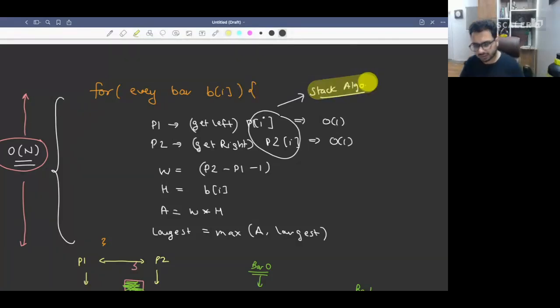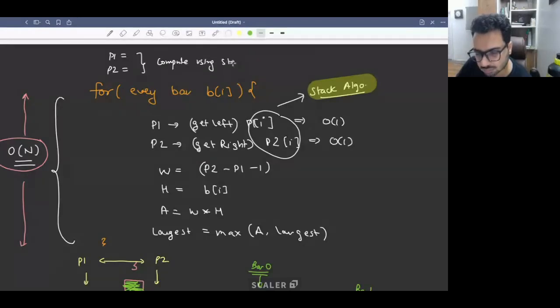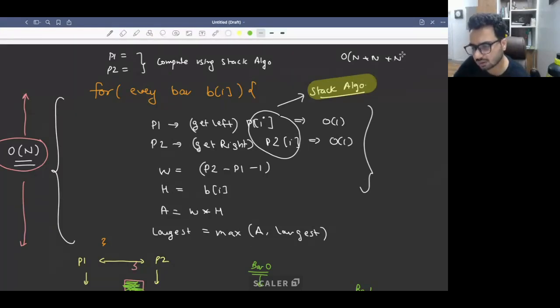The way we calculated the P1 and P2 array, right? This is done using the stack algo. So P1, P2 are computed using the stack algo. So it is order n work here, order n work here, plus the order n work here. So it's overall order n, right?